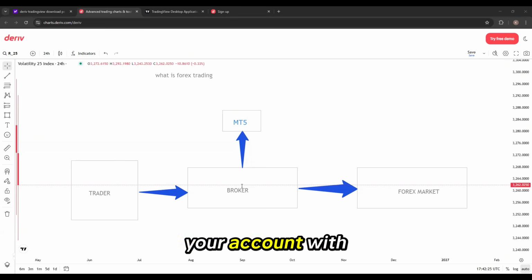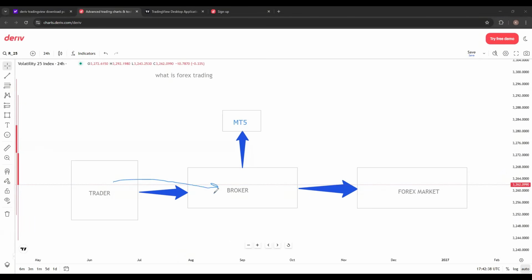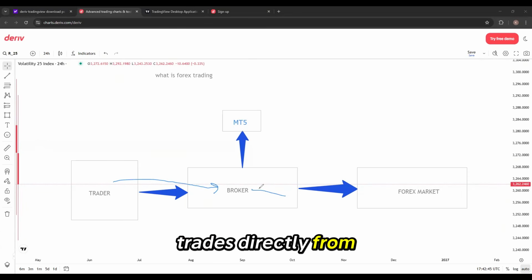After you open your account with a broker, you're supposed to have an MT5 account. So you are the trader, you load money in your broker, you load money in Deriv, and then you cannot execute trades directly from the broker, but you need a platform such as MT5.